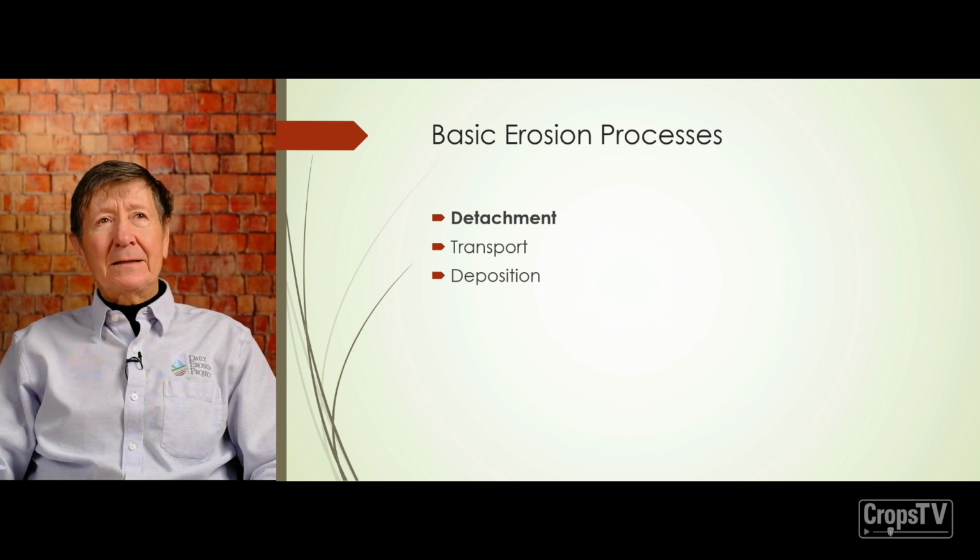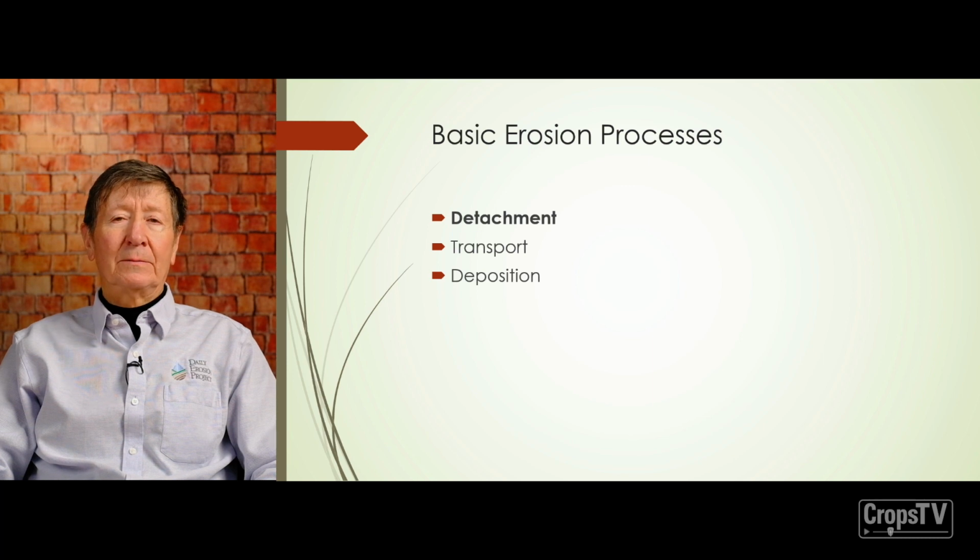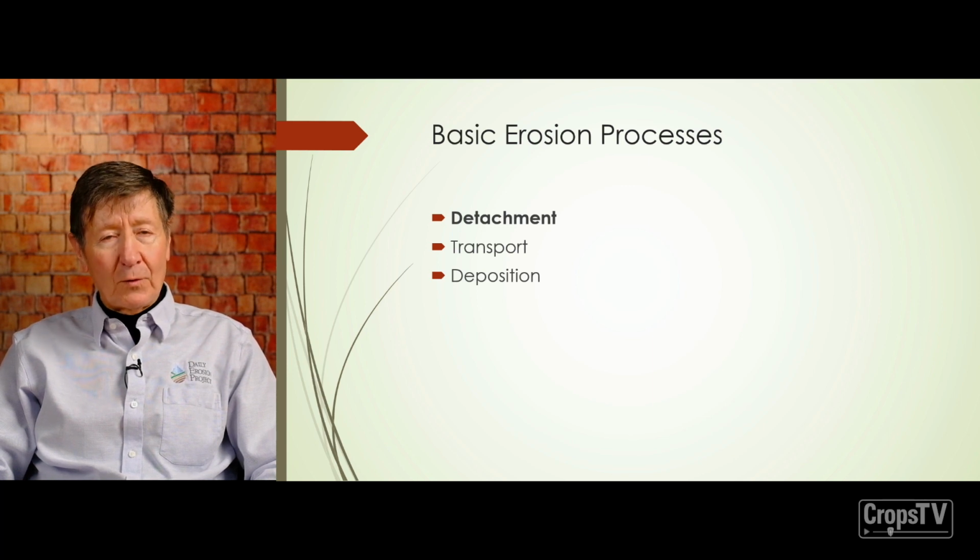So the basic soil erosion process is really quite simple. There's basically three principal components. One is detachment. When the raindrop strikes the soil surface or flowing water will detach particles from the main soil body. Those detached soil particles can then be transported.